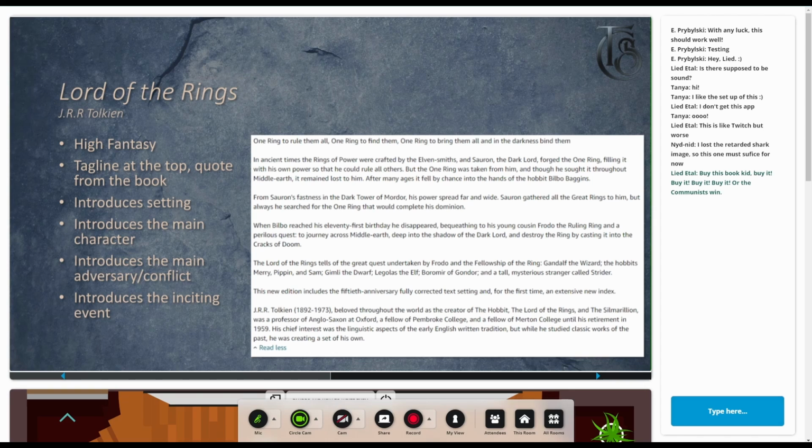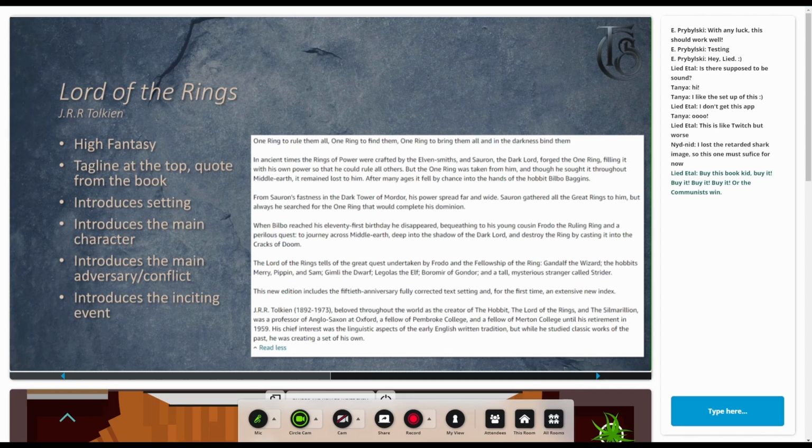Sauron gathered all the great rings to him, but always he searched for the one ring that would complete his dominion. When Bilbo reached his 111th birthday, he disappeared, bequeathing to his young cousin Frodo the ruling ring and a perilous quest: to journey across Middle-earth, deep into the shadow of the Dark Lord, and destroy the ring by casting it into the cracks of doom.